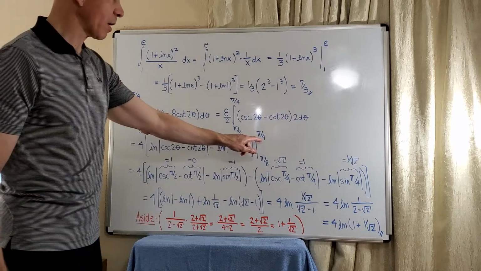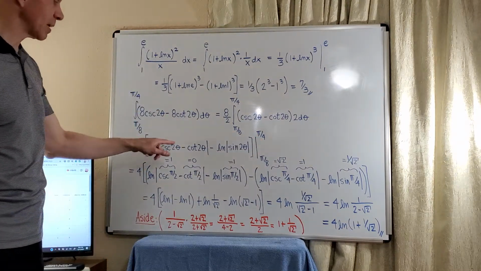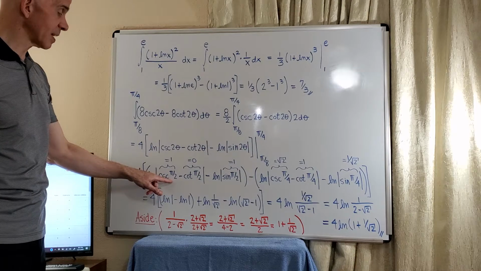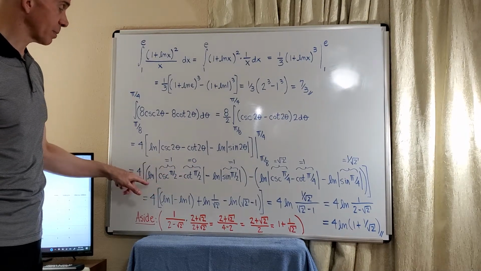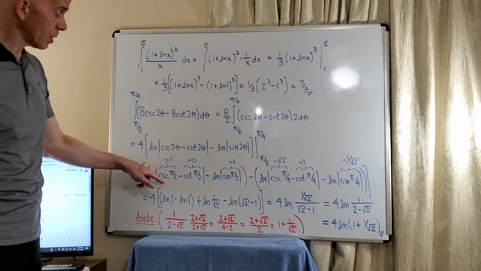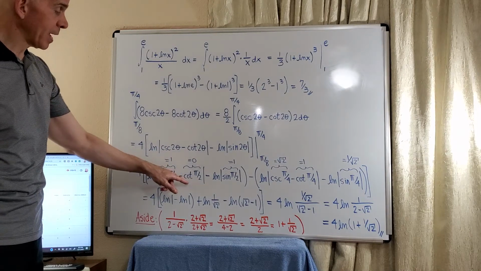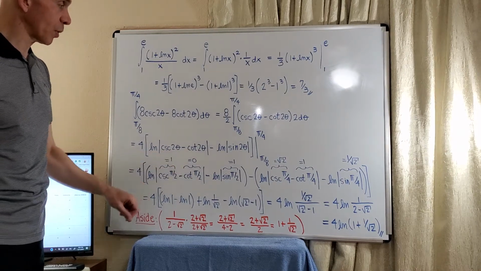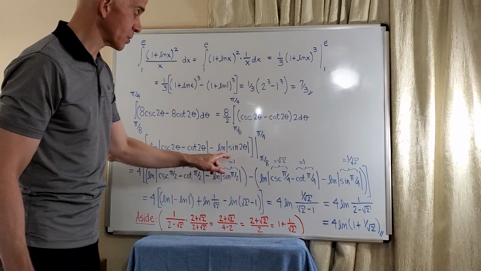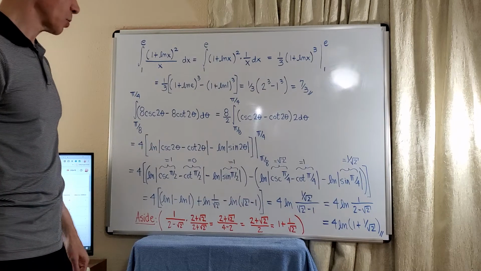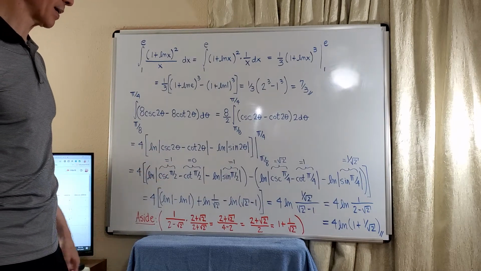So we will do pi over 4 first. So when we hit it with a 2, we get cosecant of pi over 2 minus cotangent of pi over 2. That's the argument of the log. And I've noted here cosecant of pi over 2 is 1 and cotangent of pi over 2 is 0. And then, of course, for the second term, we just have sine of pi over 2, which we know to be 1. So that's not going to give us a whole lot, clearly.